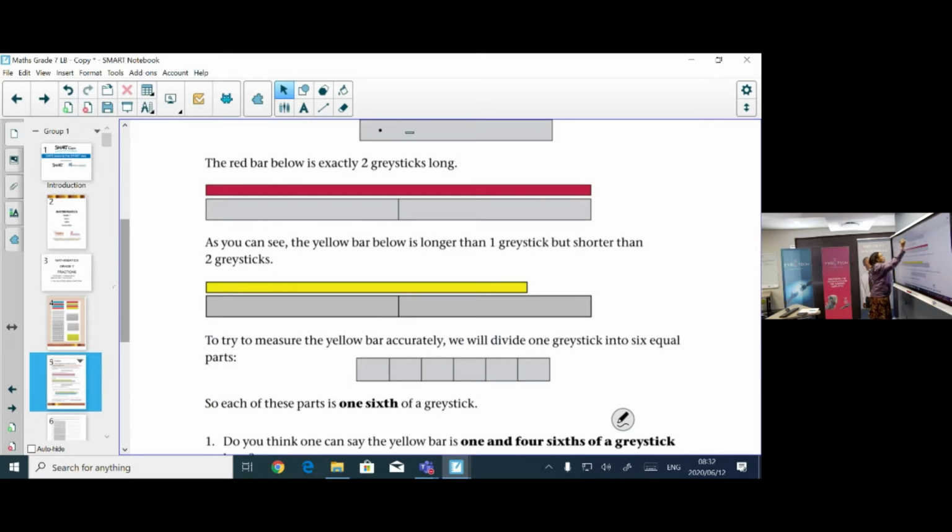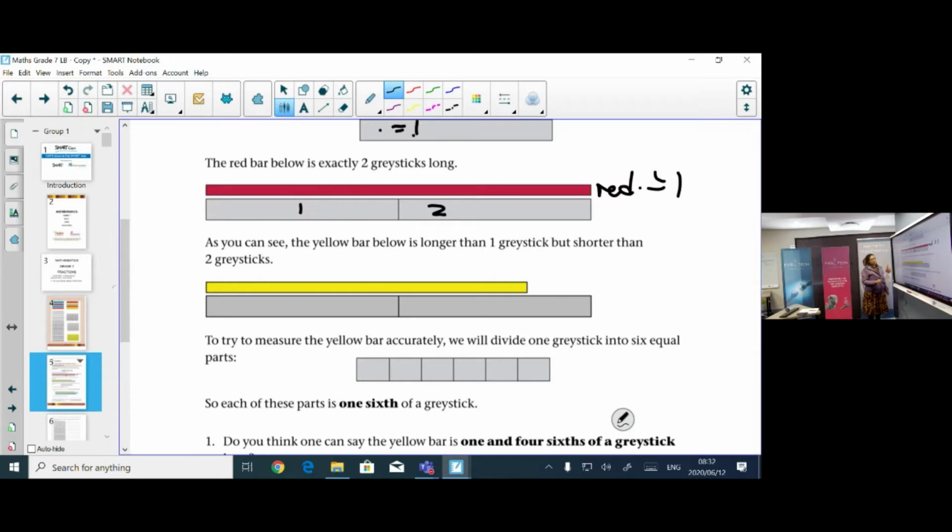This one is equal to 1. The question is: the red bar below is exactly 2 gray sticks long. Remember, if this was our 1, here we have 1 and 2. The gray ones make 1 red one over here, so this one is 1.